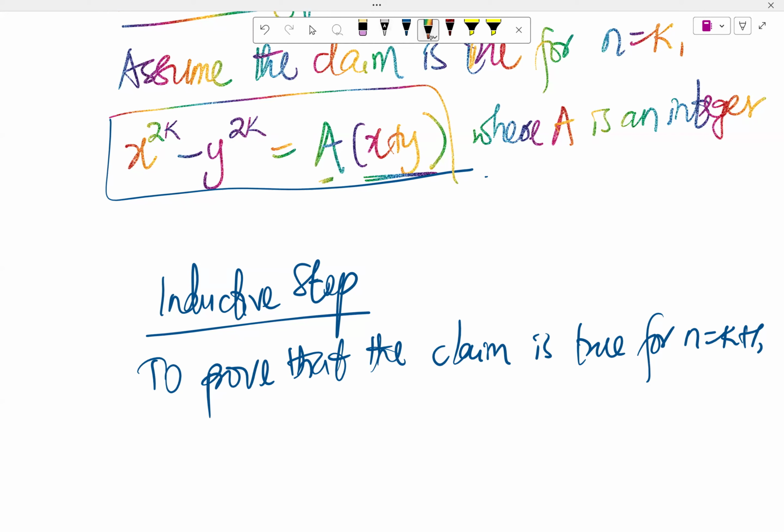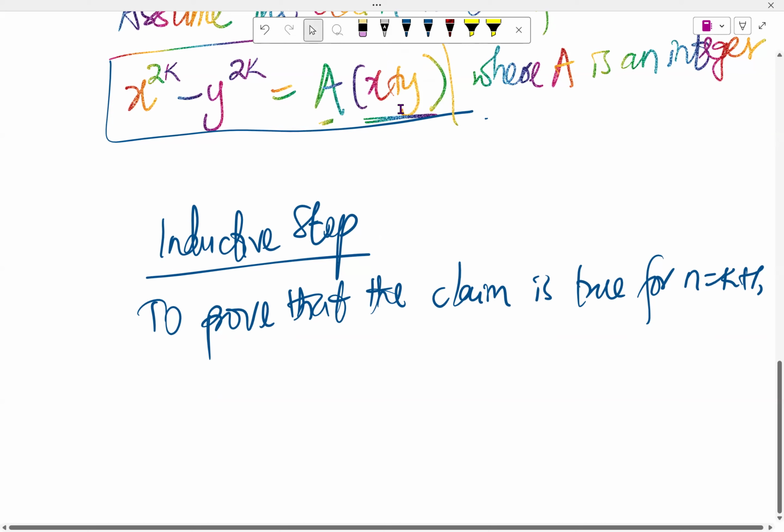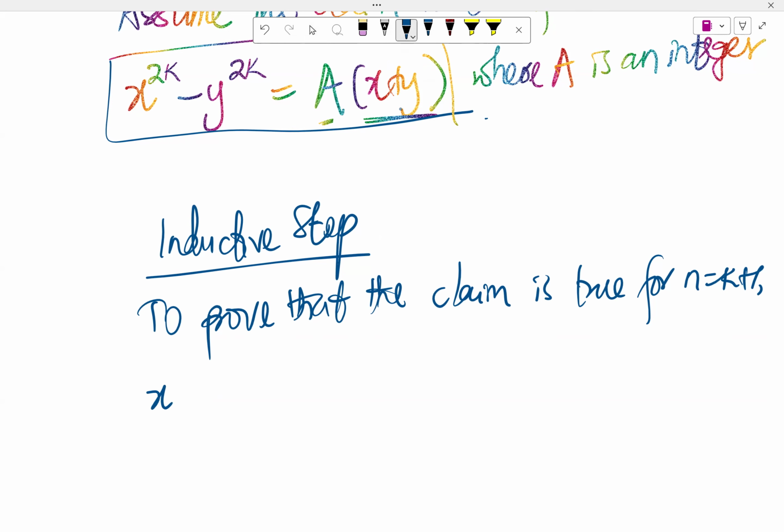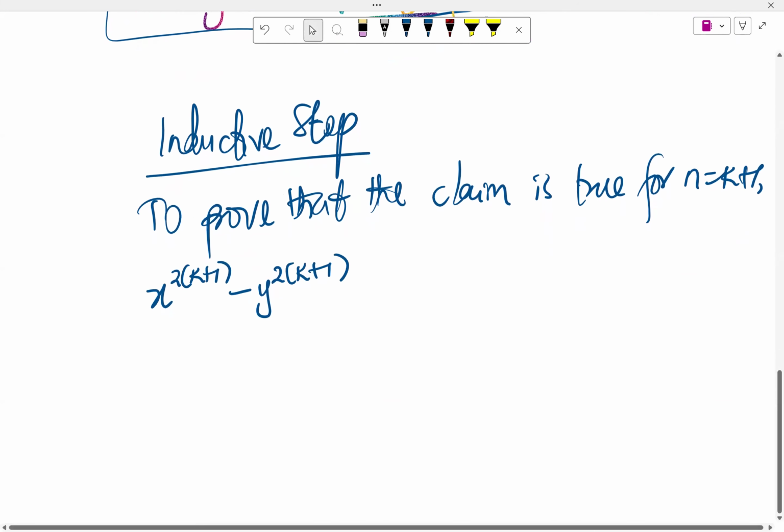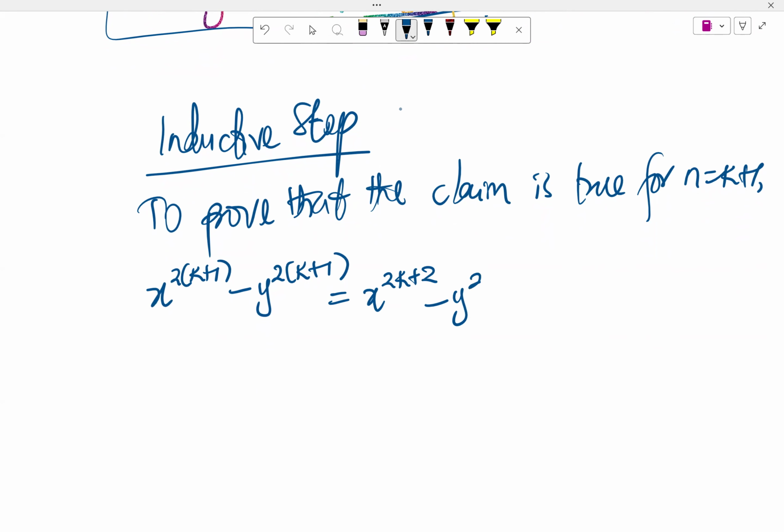So to prove that this claim is true for n equals k plus 1, that simply means that instead of x raised power 2n, you are going to have x raised power 2k plus 1 minus y raised power 2k plus 1. And that means we have x raised power 2k plus 2 minus y raised power 2k plus 2.